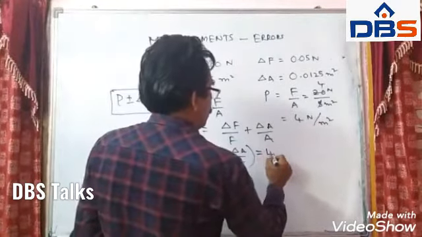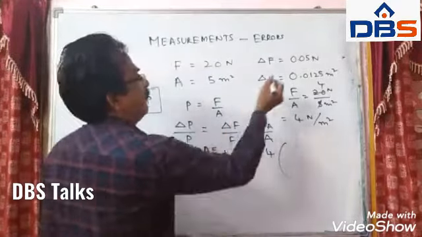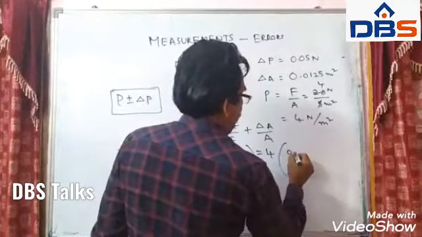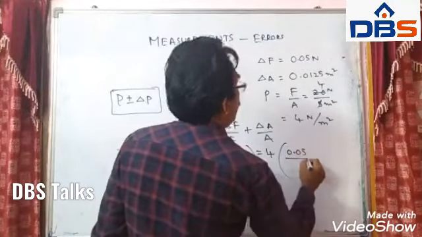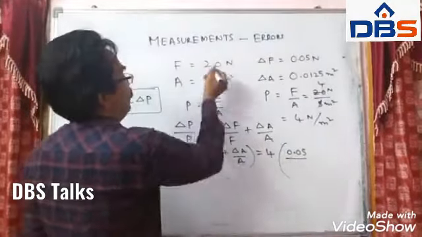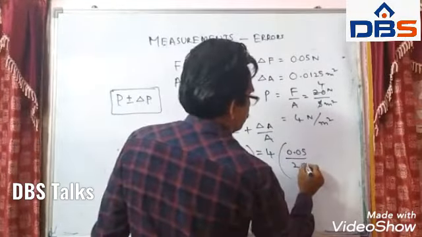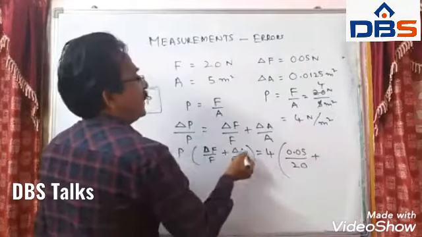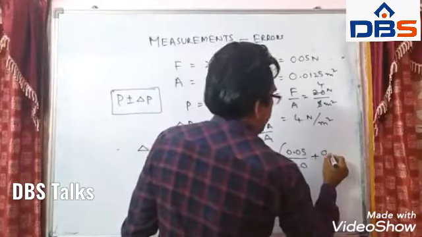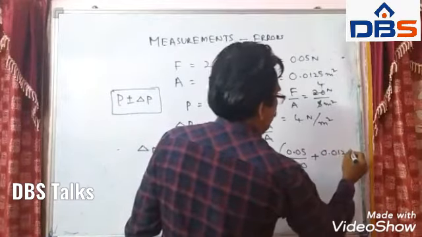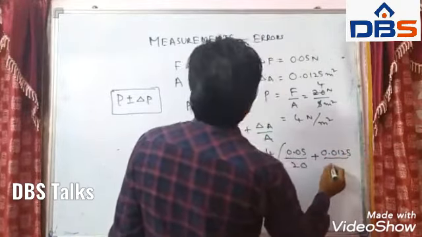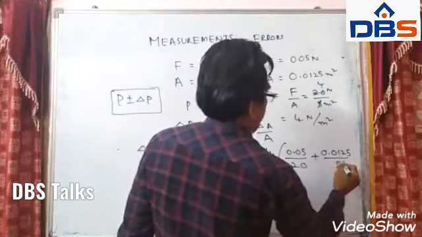P is 4 into delta F 0.05 by F 20 plus delta A 0.0125 by A 5.